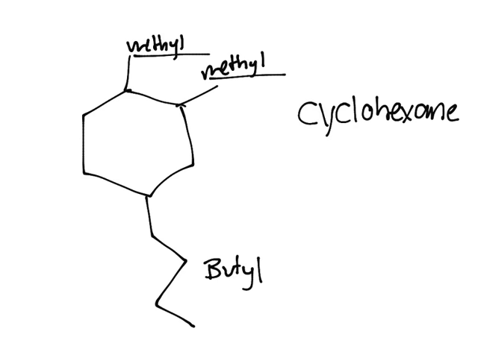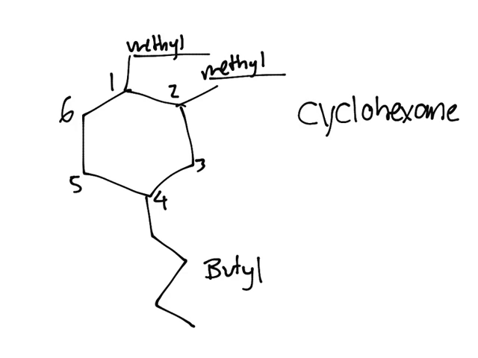And so you want to number them in the ring to give the lowest numbers. So you would number it this way: 1, 2, 3, 4, and then it would be 1, 2 dimethyl, and then you have on the 4th carbon a butyl. And I'll just finish up 5 and 6.